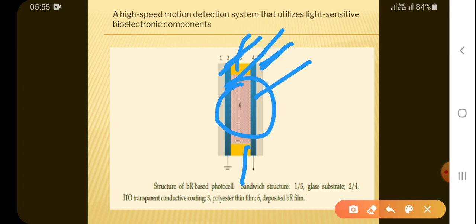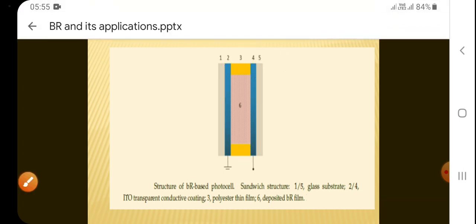So this is the biosensor system which detects the movement of an object.